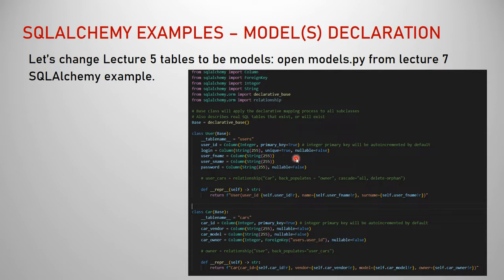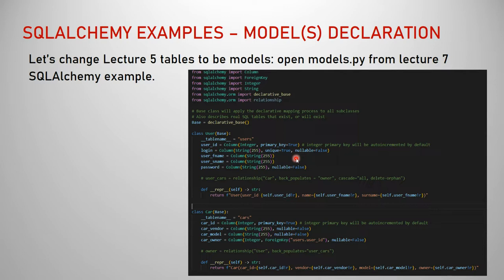So if you remember the example from lecture number 5, where I explained Python and SQLite, MySQL and PostgreSQL, there we had some code with the cars and users. The relationship was like a user can have many cars and one car can belong only to one person.